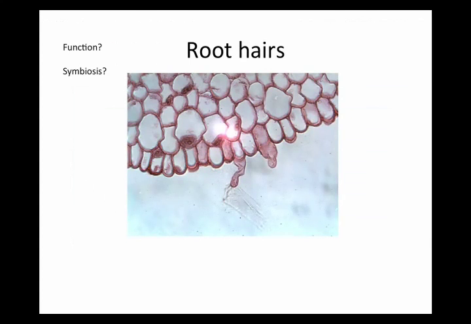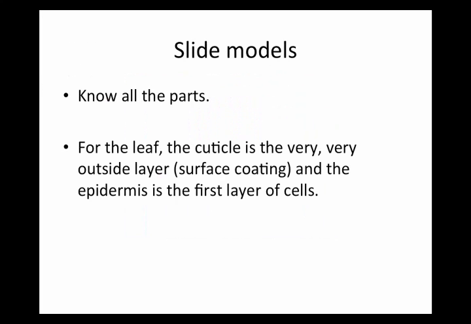And that is for water, like getting more water and getting more minerals like phosphate, phosphorus, by increasing surface area. And then you'll need, of course, the slide models for all of the above. And yeah, secondary growth, so you definitely want to go through that.